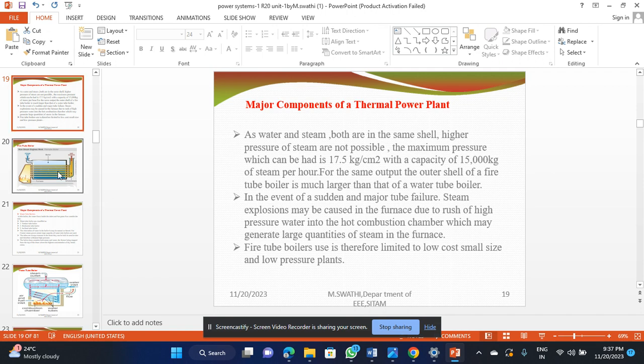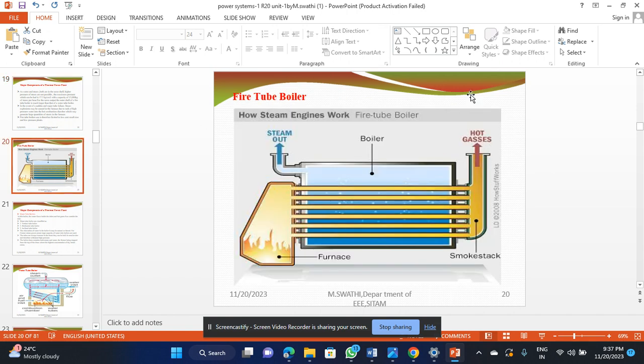If you see the diagram, this is our fire tube boiler. The hot flue gases flow in the tubes, so there is no contact between the water and the fire. The hot flue gases flow in the tubes and the water is filled in this container.